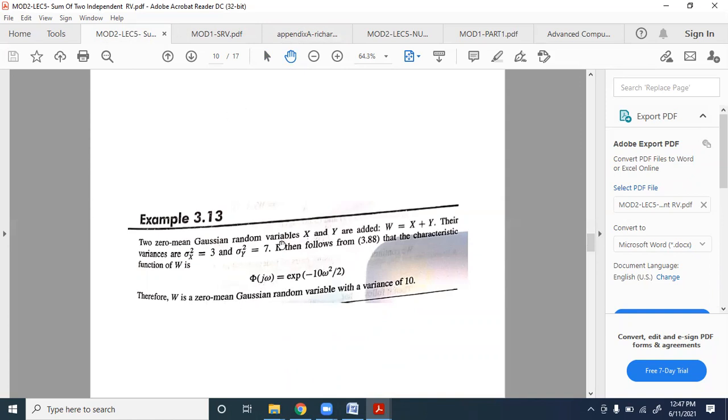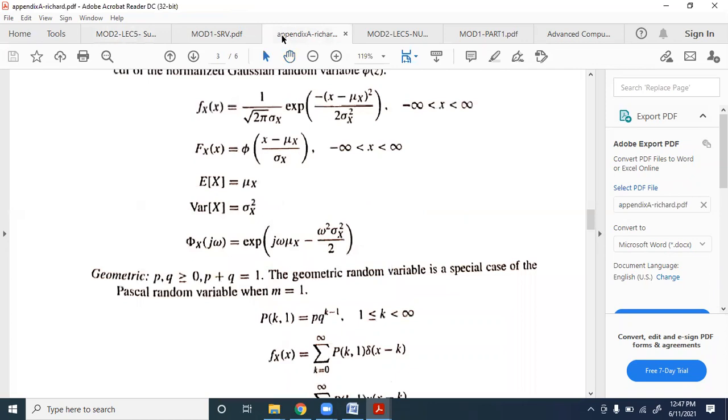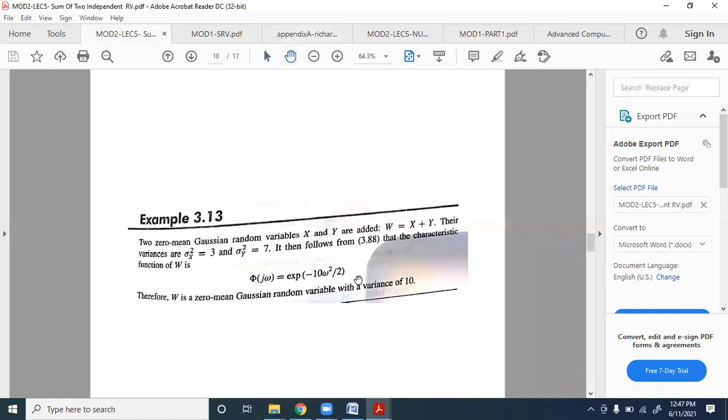This equation is similar to whatever we have in the appendix over here, except that we have only this term, we don't have this term. We have only the omega squared term, we don't have the j omega term there. Hence, mu w is equal to 0, that gives us 0 mean, and the variance sigma w squared is 10 itself.